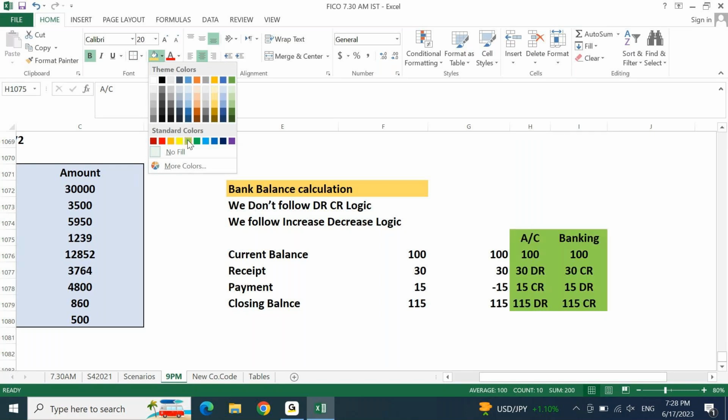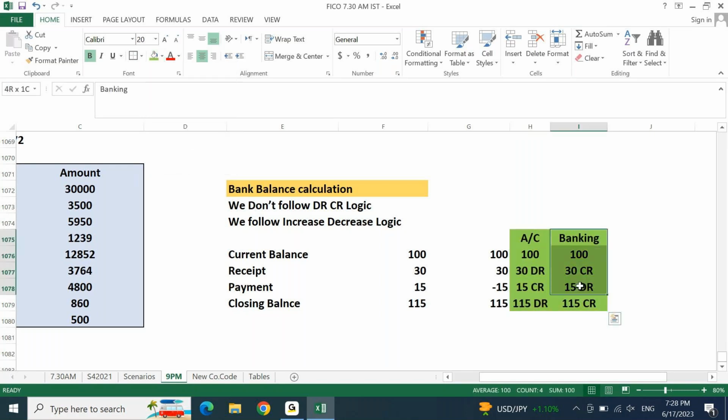Sir, could you please explain the closing balance? How in accounting can 115 be debit? Here I have written a positive number because we will not normally have overdraft in the bank. Your bank account will always show the available amount to be utilized.